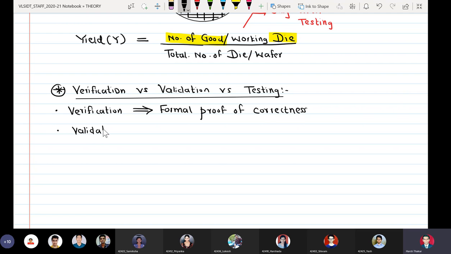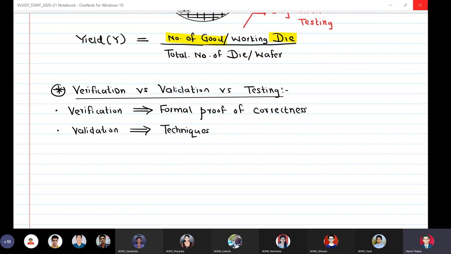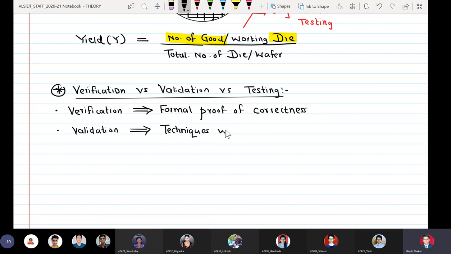Validation basically refers to techniques which increase confidence in correctness.